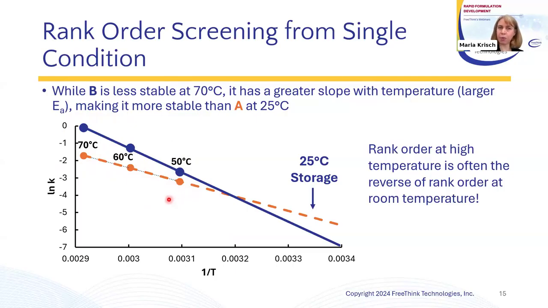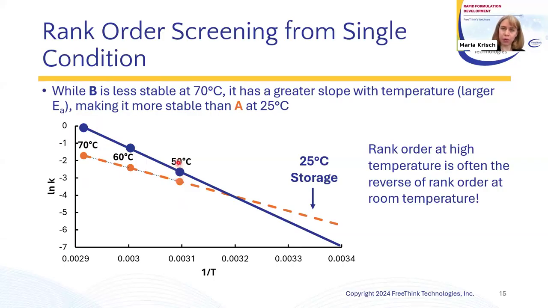But there's something important that's different about them that's not captured in that one point, and that's that the slope of the change is different. B has higher amounts of degradation, but it also has a higher slope, whereas A, with its lower amounts of degradation, has a lower slope as well. That slope is called the activation energy, or the Ea of a reaction. That's the temperature dependence of this reaction rate.